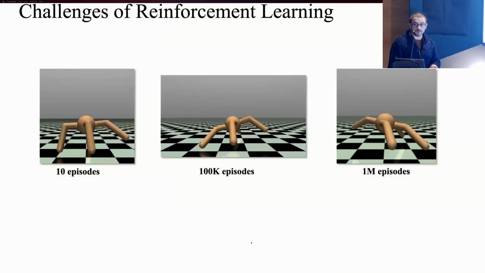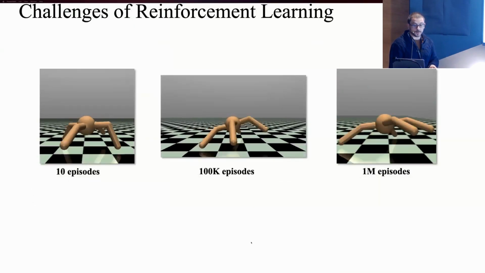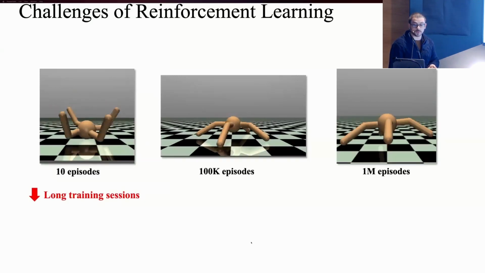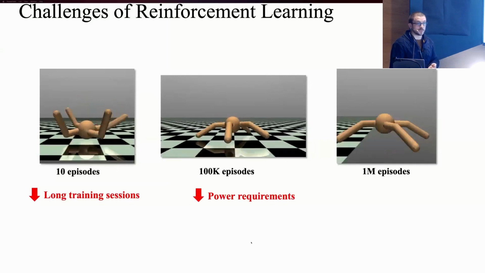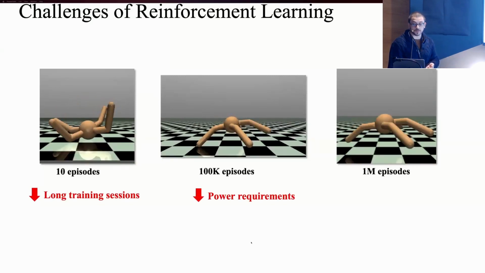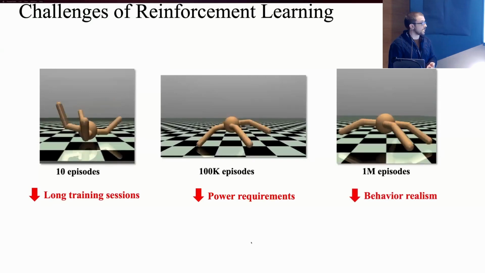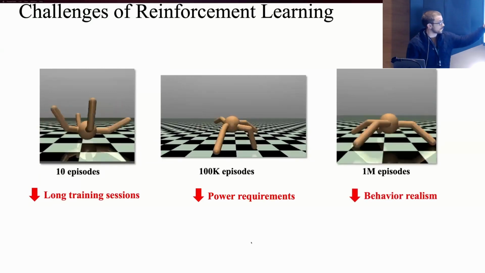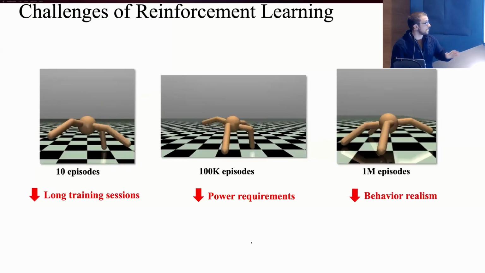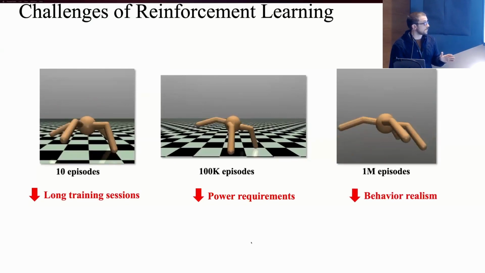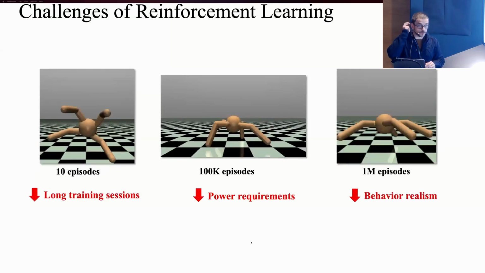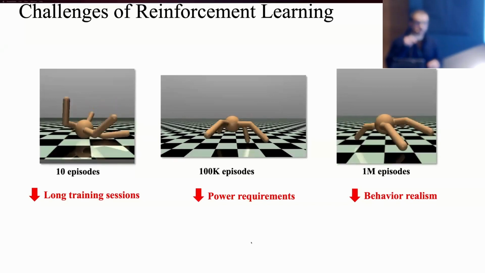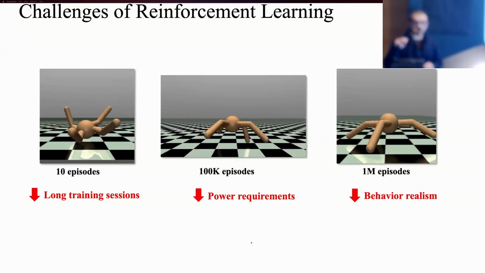But they do have their own limitations. In general, they require very long training sessions with hundreds of thousands or even millions of episodes, and this introduces considerable power requirements during training. And lastly, the behavior that you might end up with, for example, as you can see the quadruped in the last trained state, is not necessarily as realistic as you would expect, because you need to tailor the rewards properly so that you can get the behavior that you had in mind.